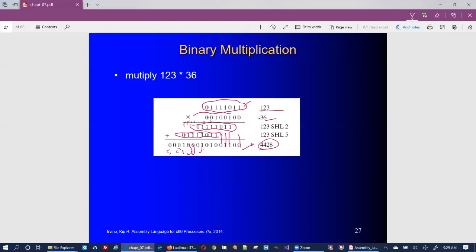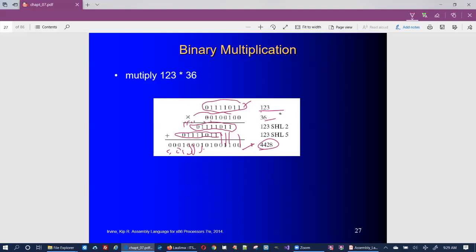Sometimes if the operands are such that when converted to binary there are very few ones, the multiplication can end up being really fast. This is only 2 add operations, because the multiplier, when converted to binary, only had 2 one bits.